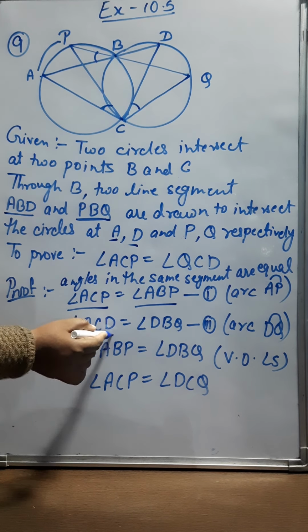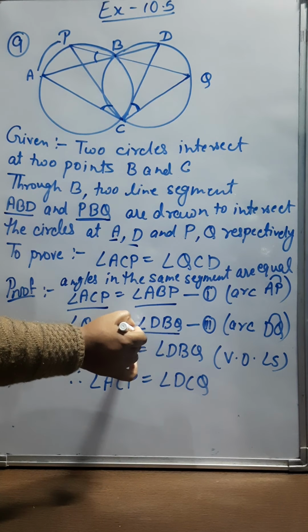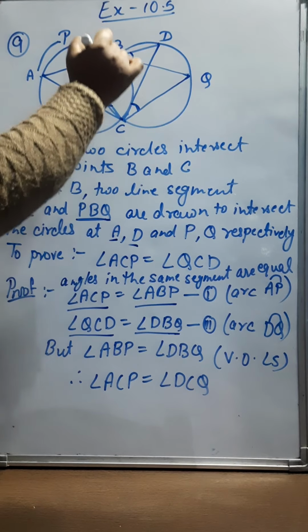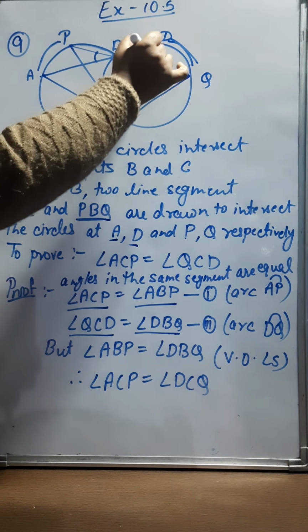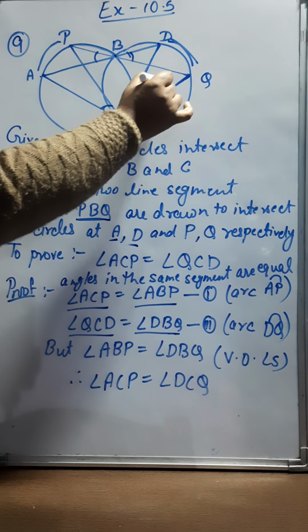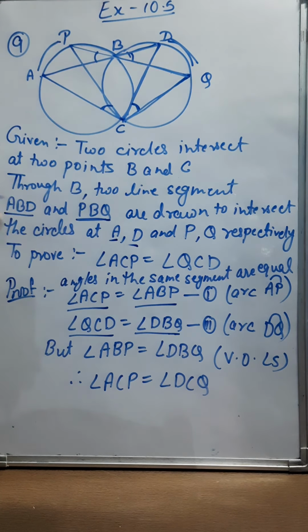Similarly, angle QCD, this angle, will be equal to angle DBQ, this angle, because these two angles are made by the arc DQ. So these two will be equal. Now see carefully.